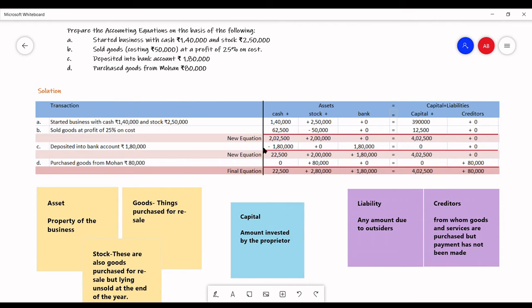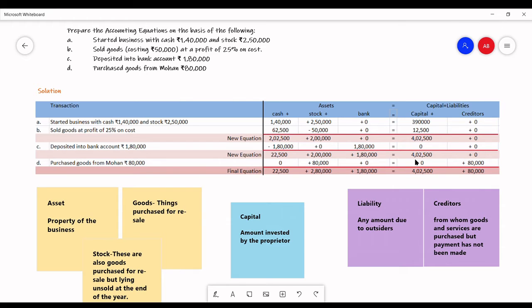And if you again check the validity of the accounting equation, this is already verified. The left hand side is equal to the right hand side. So now, after adding it, we get another new equation which stands at a total of cash 22,500, stock at 2 lakhs, bank at 1,80,000 and the capital balance becomes 4,02,500.